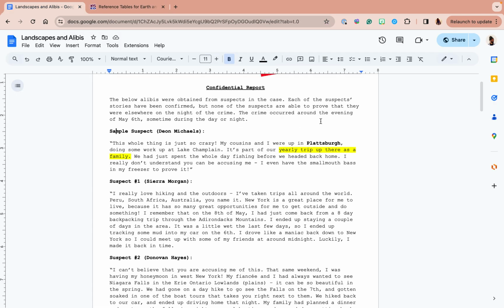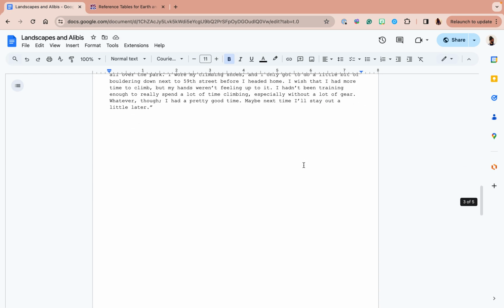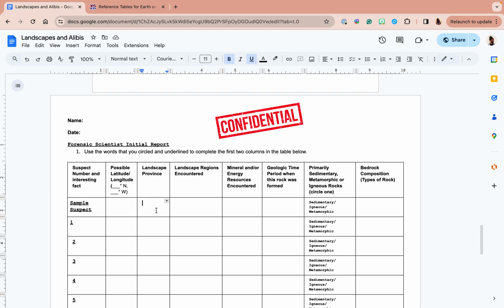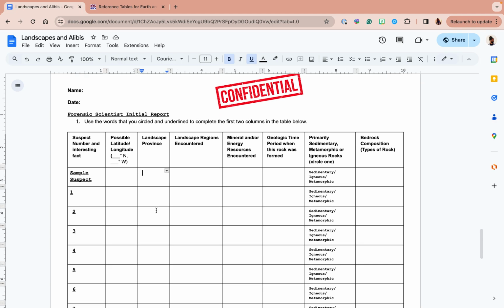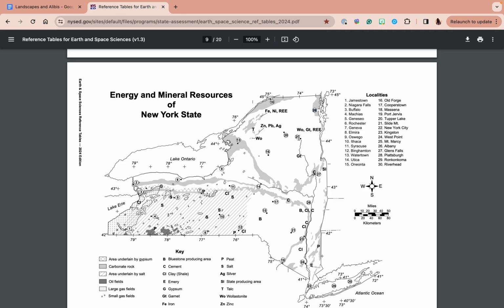So the first line that we're going to fill in using our Plattsburgh is, we can do one of two things, but we'll start this time with a latitude and longitude. New York is located in the northern hemisphere and runs from about 40 and a half degrees north to about 45 degrees north, and then is in the western hemisphere. So it's going to run from about 72 west to about 79 west.